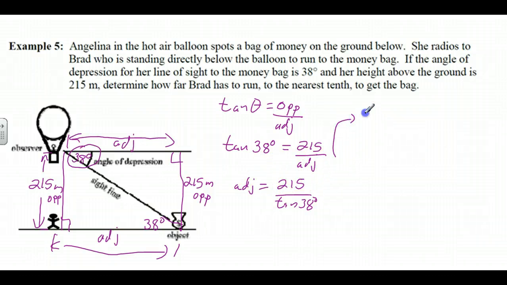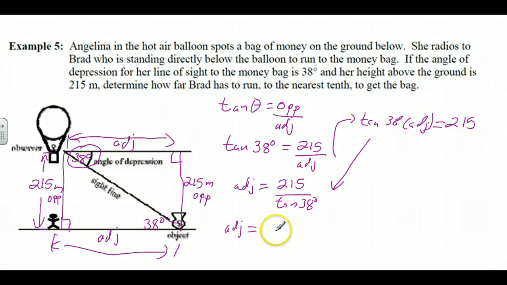This would look like tan 38 degrees times the adjacent side is equal to 215, which would then become this. The adjacent side is 215 over tan 38. You divide both sides by tan 38. So adjacent is equal to 275.2.